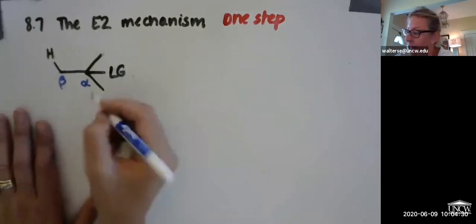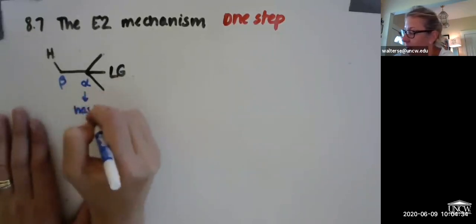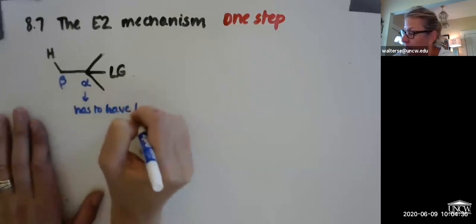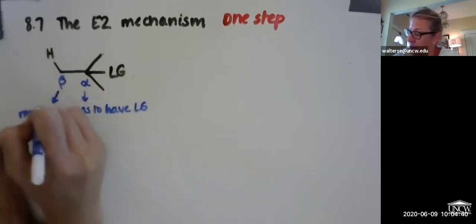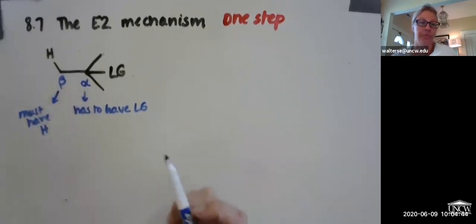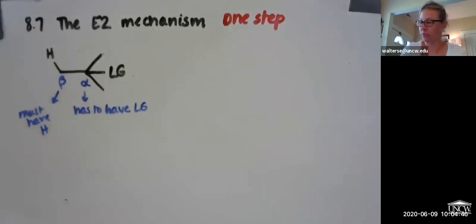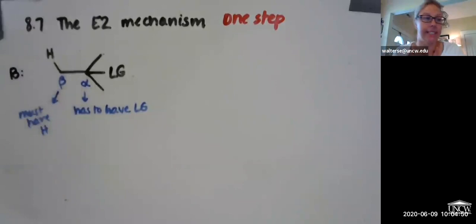So alpha has to have the leaving group. Beta must have a proton or a hydrogen atom. Okay. Then we're going to have our base.